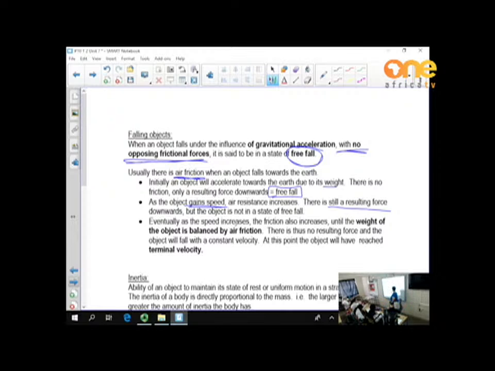Eventually, as the speed increases, the friction becomes more until the weight of the object is balanced by air friction. And at that point, there is no resulting force. So the object will fall with constant velocity, and we call this maximum constant velocity the terminal velocity of the object.